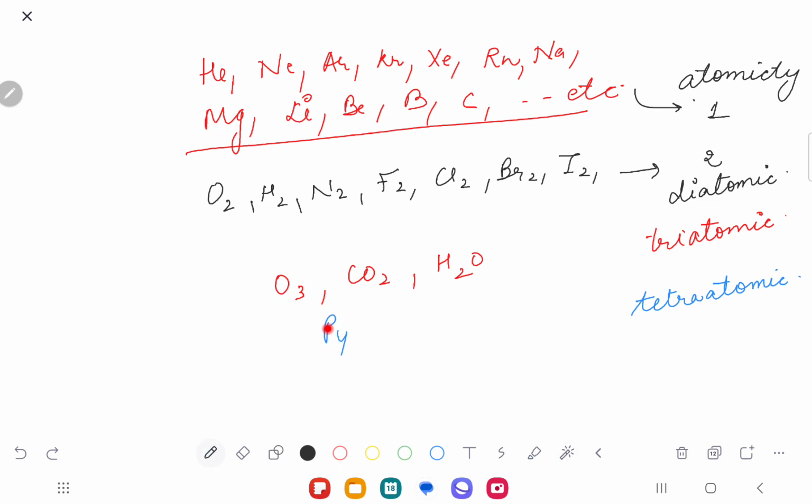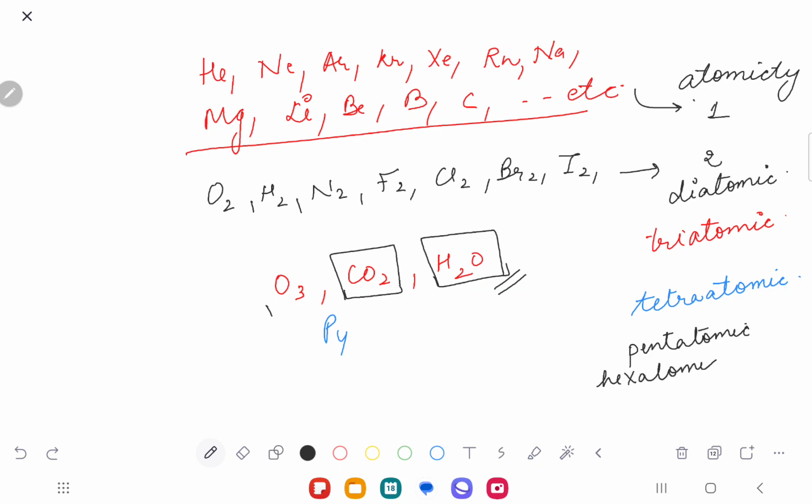So we have O3, CO2, H2O, and so on. And similarly, we will have pentatomic, hexatomic, or heptatomic.